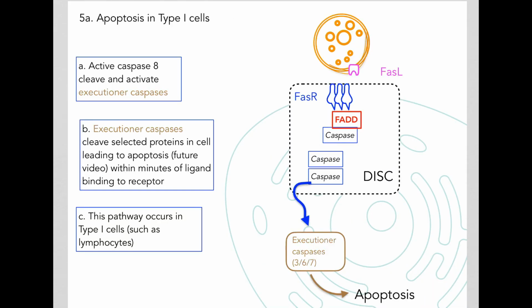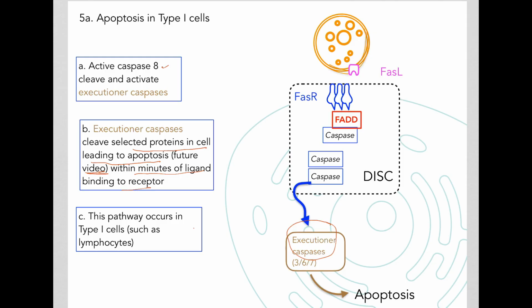Now this active caspase 8 or 10 will go on to cleave the executioner caspases, and these executioner caspases will cleave selected proteins in the cell, leading to apoptosis, and we'll talk about these executioner caspases in a future video. So just within a few minutes of ligand binding to receptor, we see this apoptosis happening.